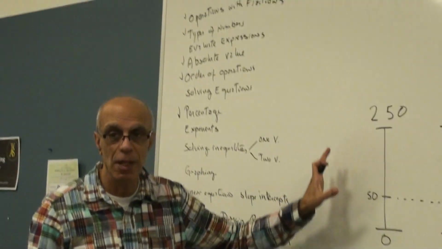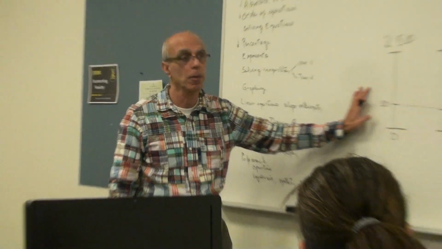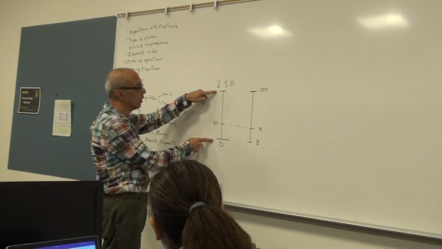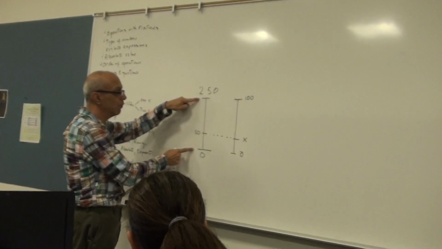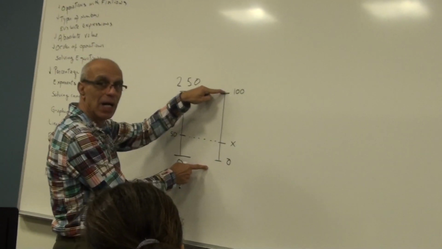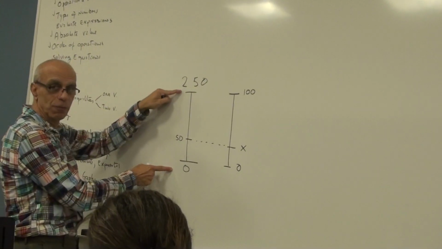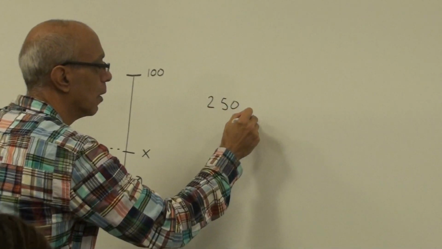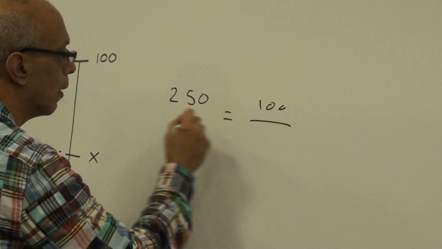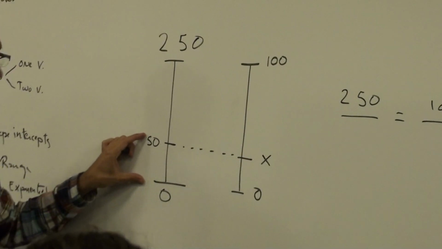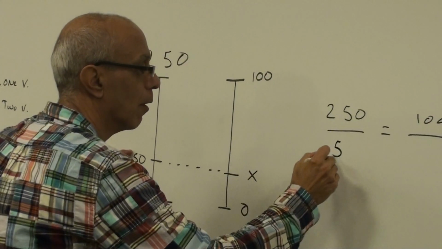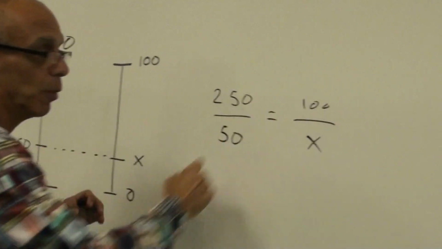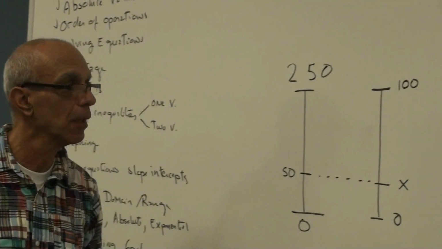If you build this table, you never miss any problem on percentage, okay? All this 250 is equivalent to 100 divisions. So you write 250 and 100 there, and now I want to know what is 50. It's going to be proportional to x. Now we can do cross multiplication and figure out the number for x, okay?